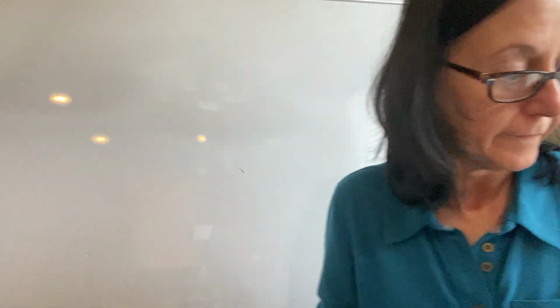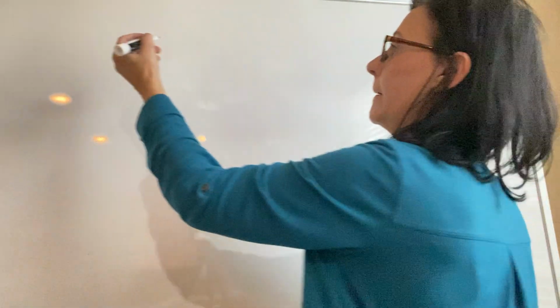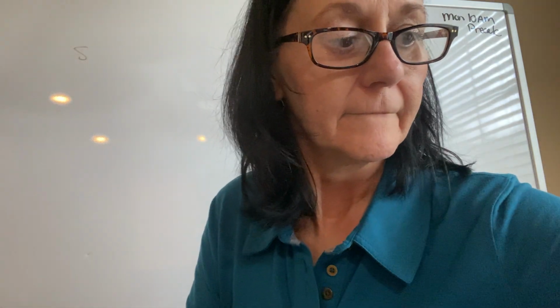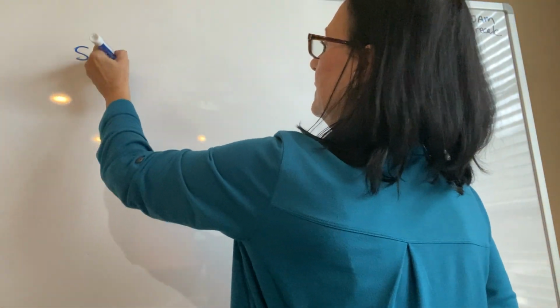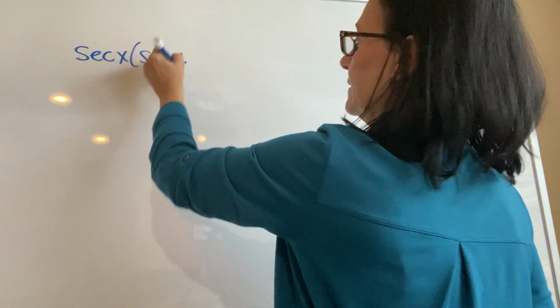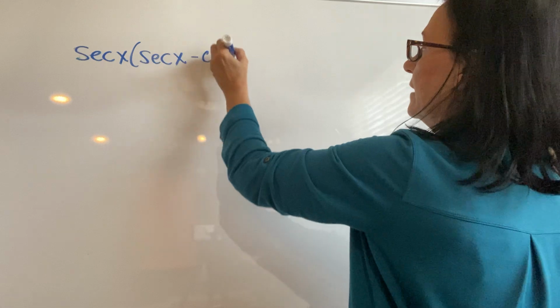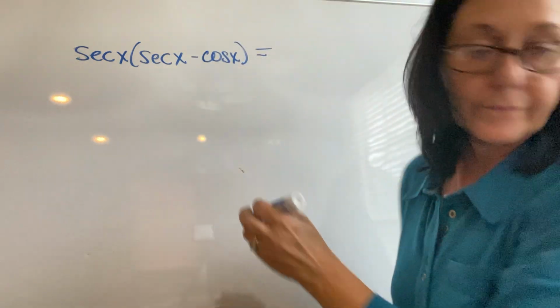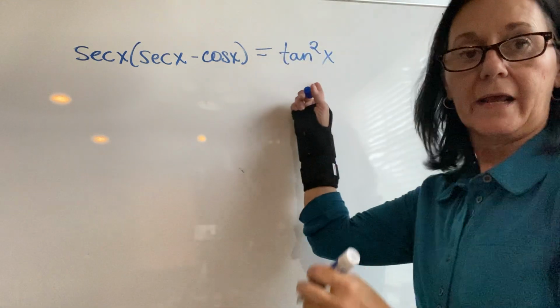Look at A. Secant of x times the secant of x minus the cosine of x equals tan squared x. I'm leaving the right-hand side alone.